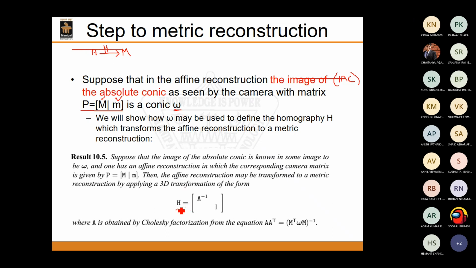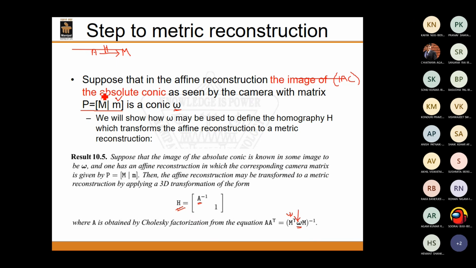That means H is a function of an element A, which is dependent on the absolute conic value, given by A transpose = (M transpose omega M) inverse. So A is a function of both the absolute conic parameters as well as the camera parameters, and together with these I can find out what H is.